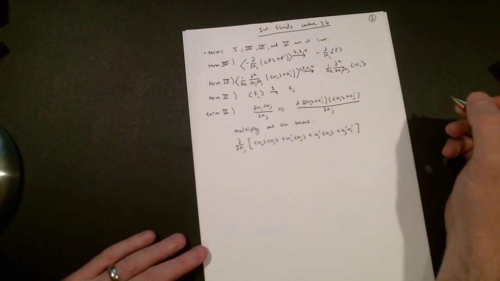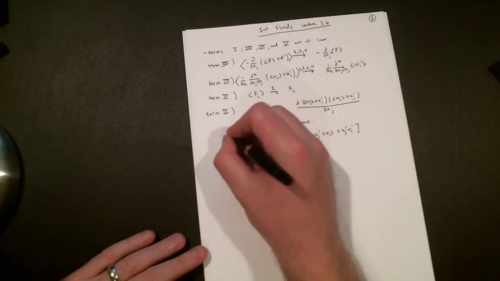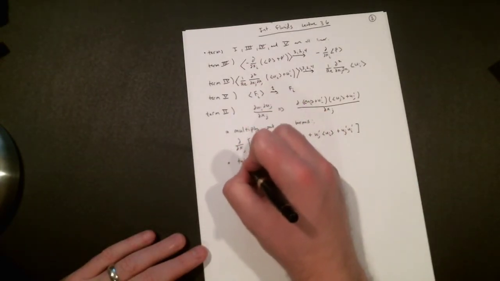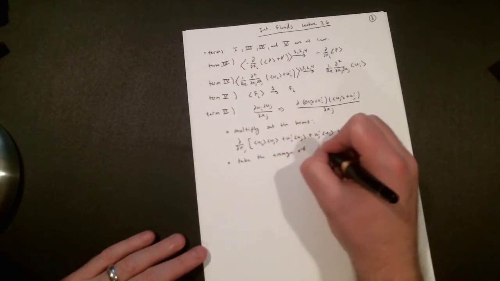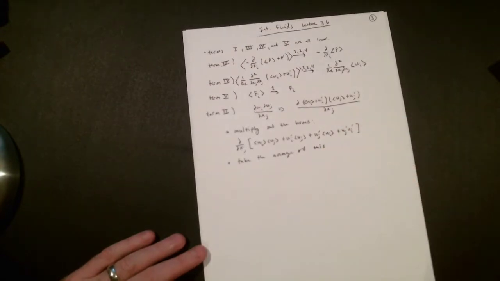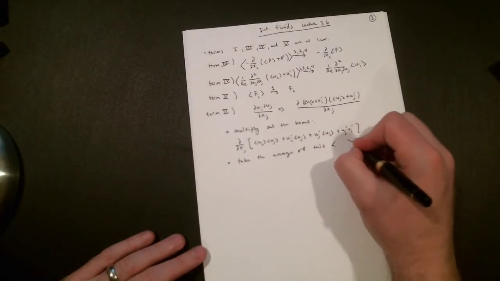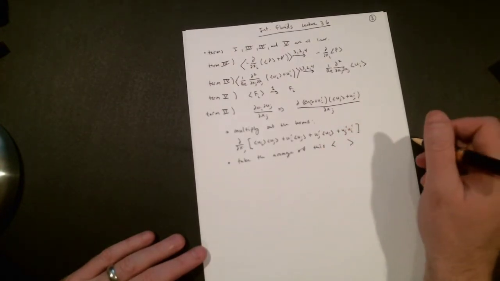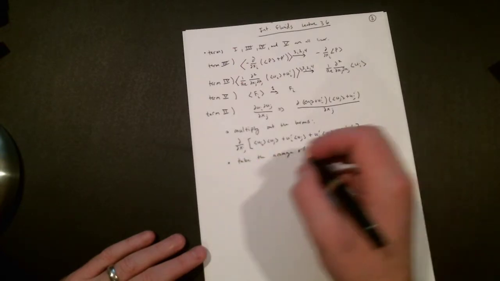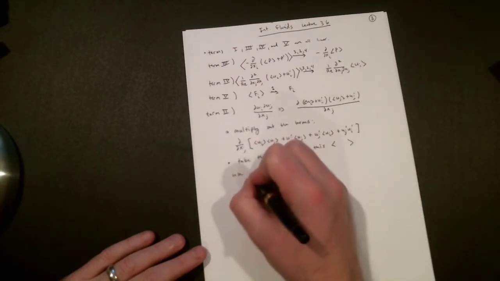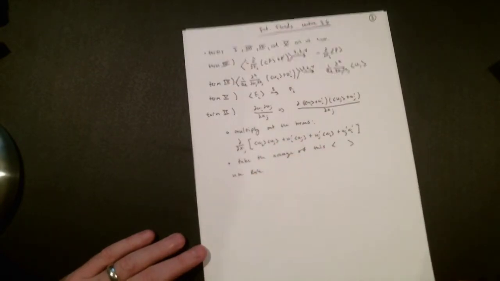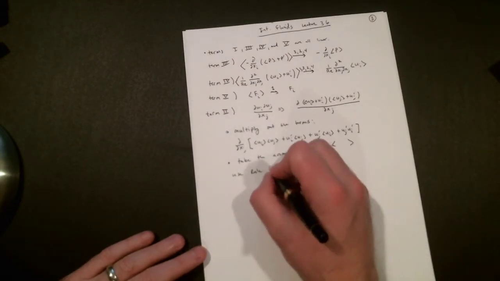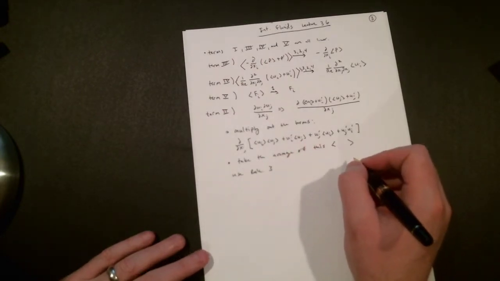We now are going to take the average of this. So we're going to take the ensemble average of this. And if we do that, first thing we need to do is move the ensemble average inside the derivative. So what is that? That's going to be rule 3 to do that.